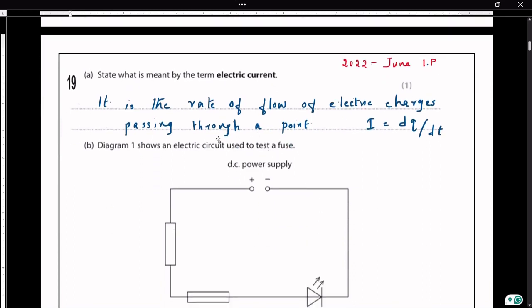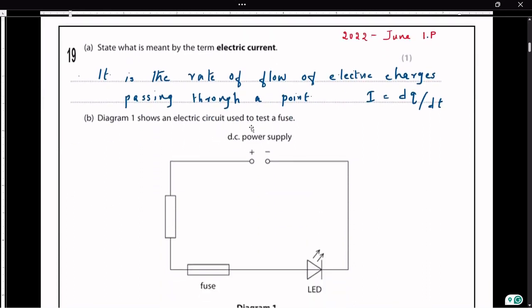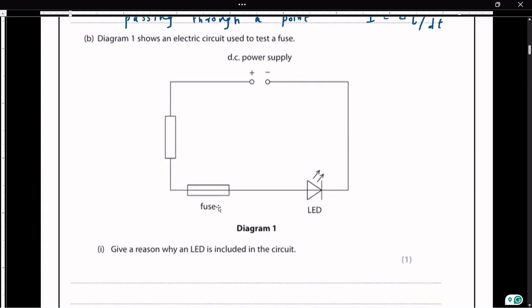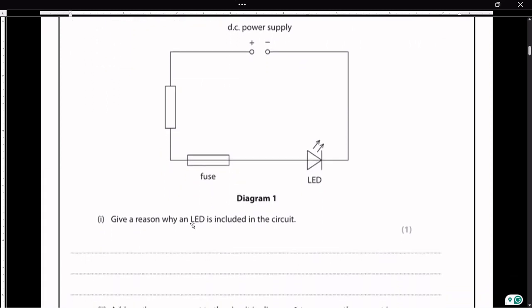Now the next part of the question is, the figure shows an electric circuit to test the fuse. This is a fuse given. Give a reason why an LED is included in the circuit. And we know LED is used as an indicator. So it indicates whether there is a current or not. So let us write the answer.